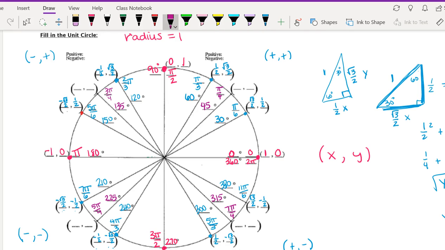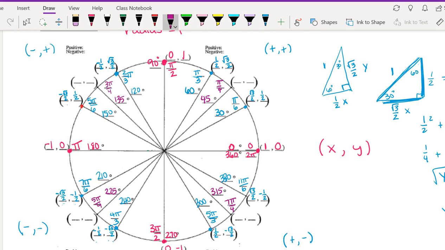So then let's talk about what are the ordered pairs. Well, because these are 45-degree angles coming from the center, so there's my triangle, I'm going to have a 45, 45, 90 triangle. If this is 1, remember it's x and x. So x squared, because they're the same length, x squared plus x squared equals 1 squared.